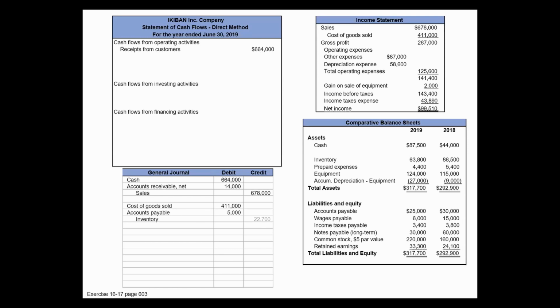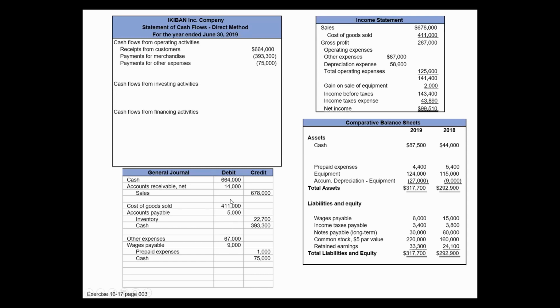Accounts payable, $5,000, and then inventory of $22,700, and then cash of $393,300. So we have payments for merchandise of $393,300.